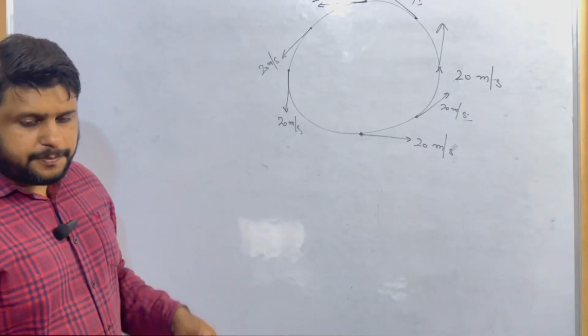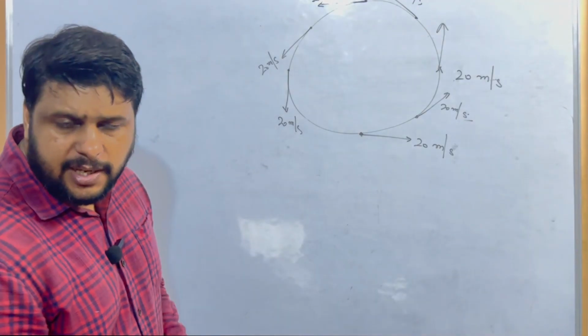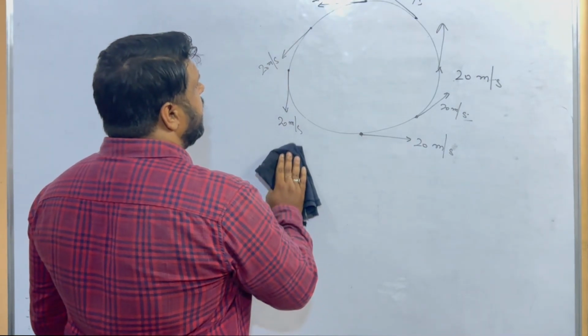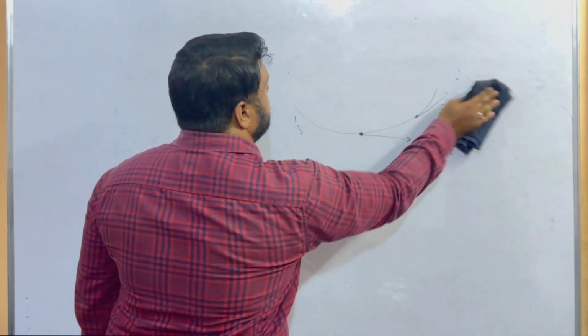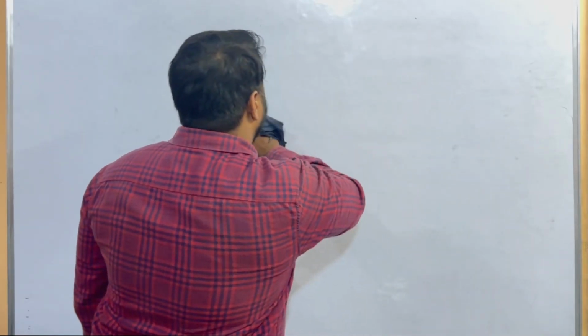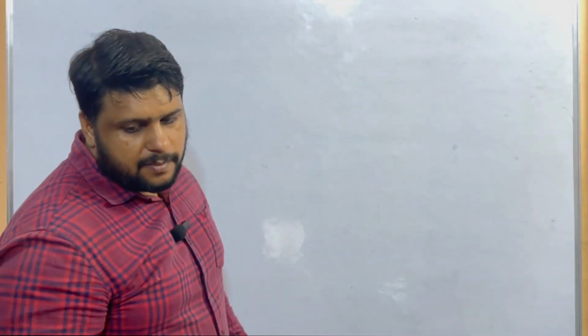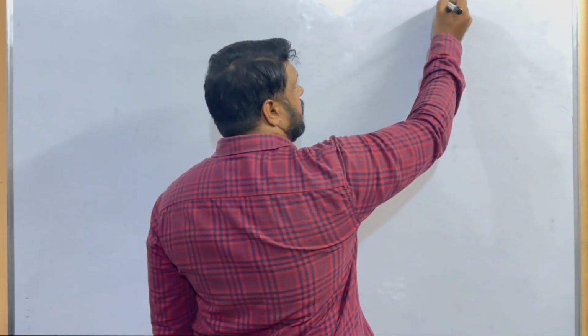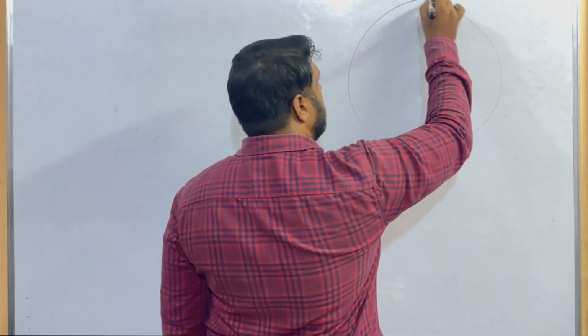Now let me show you how we write its velocity. Let's take a particle which is moving like this.